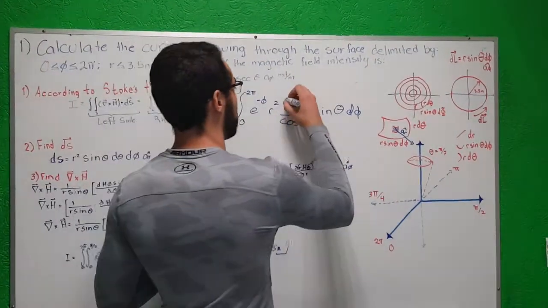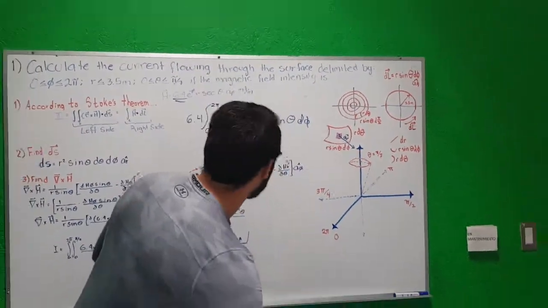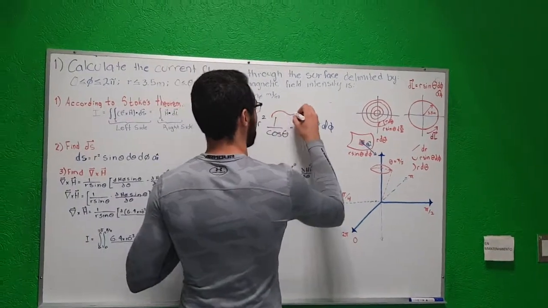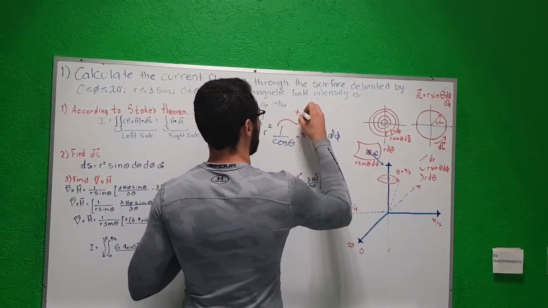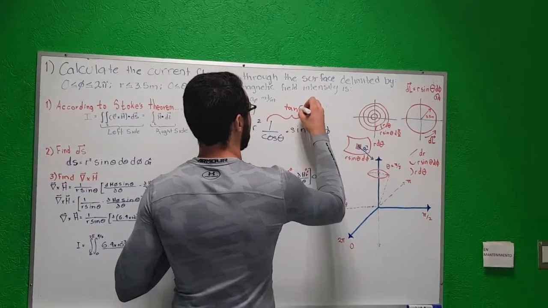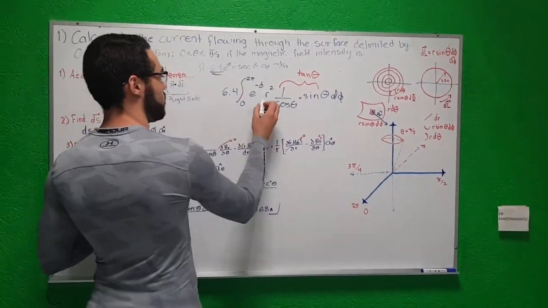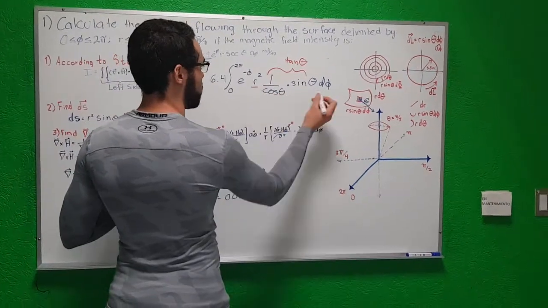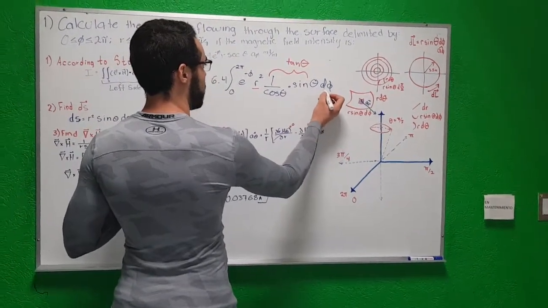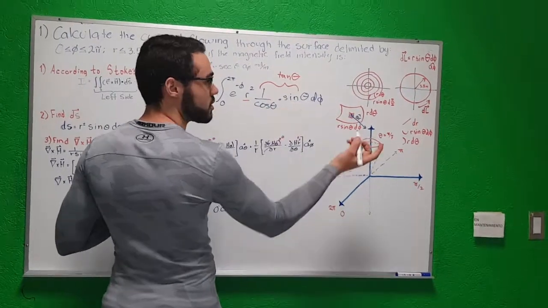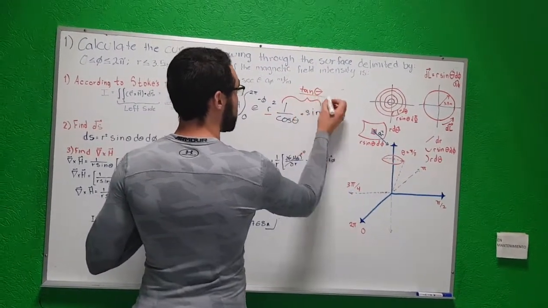This is gonna be tangent of theta, and this is a constant in this case because we are integrating d phi with respect to phi. And this is gonna be a constant too.